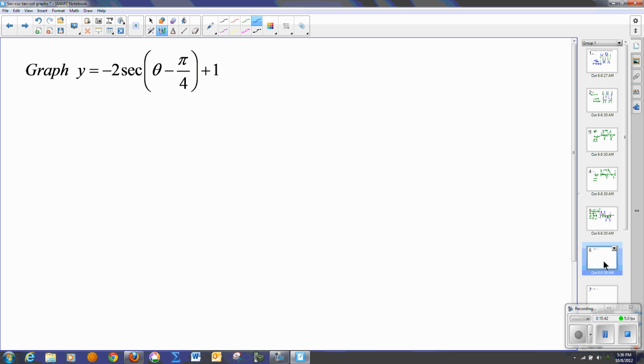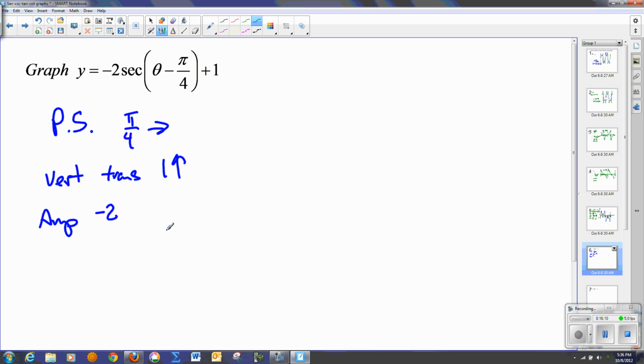So here's a graph of secant with an amplitude change, a vertical translation, and a phase shift. I have a phase shift of pi over 4 to the right, vertical translation of 1, and that's up, and I have an amplitude of 2, but since it's negative, I'm going to flip.